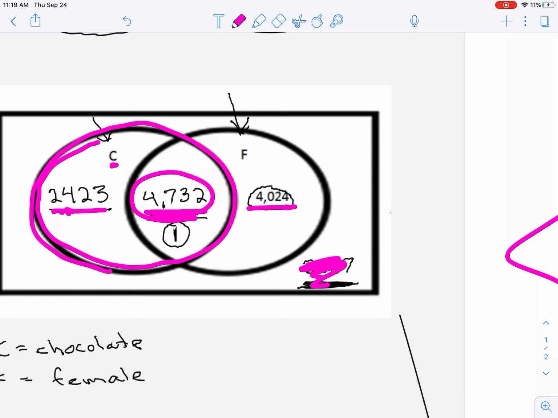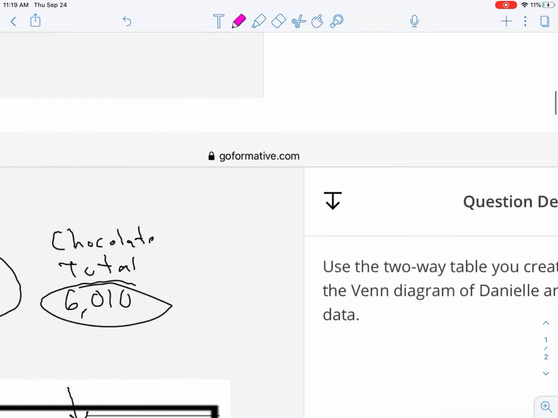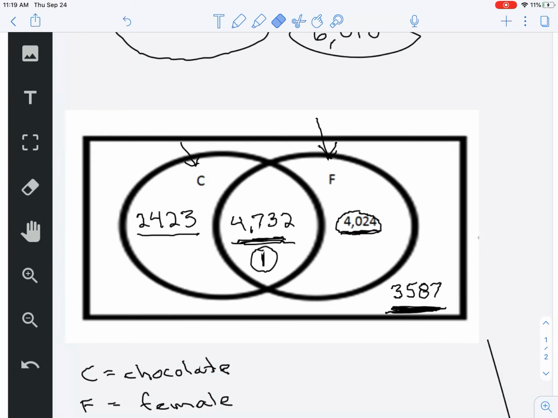So there's only one other part of the joint frequencies to include in my chart, and that would be this final number here, which must be males that like vanilla, the number that goes on the outside. Okay, so again, to understand the whole thing, it's weird that we only have chocolate and female to represent chocolate, female, male, and vanilla.